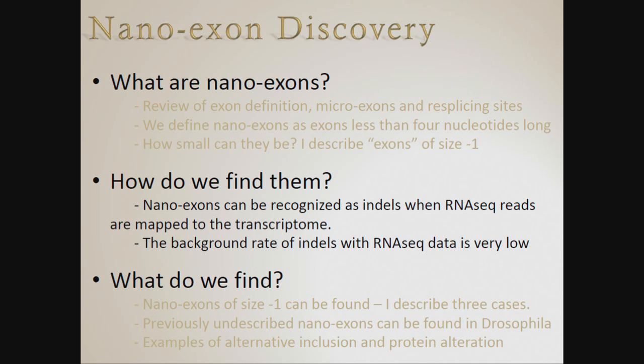I'll tell you how we detect them by aligning RNA-seq reads to the transcriptome, not the genome. This works because the background rate of indel variants or mutations or errors in RNA-seq data is very low.